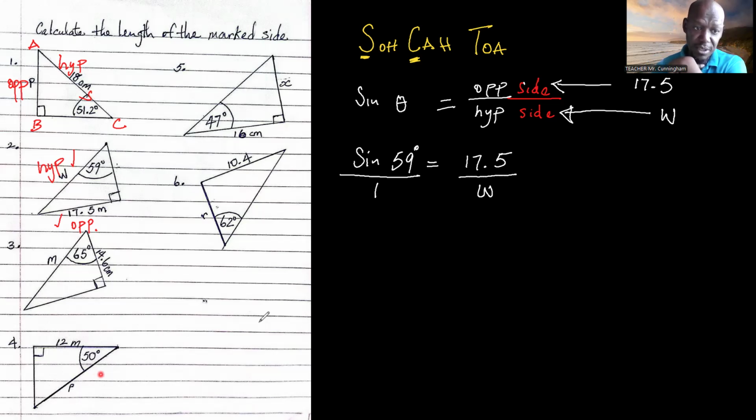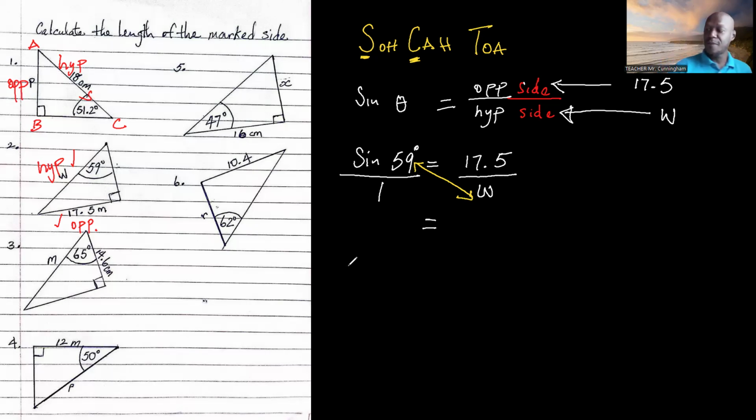I'll start with the unknown side, with the W. So Shania, what do I write? Put my equal sign on that equal sign. What do I write? Hurry up.